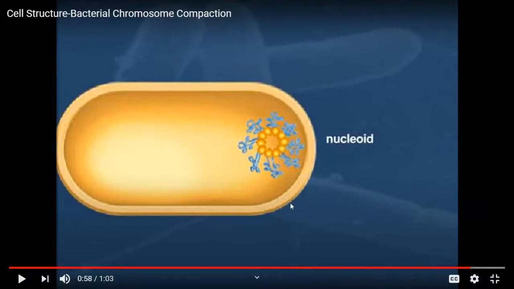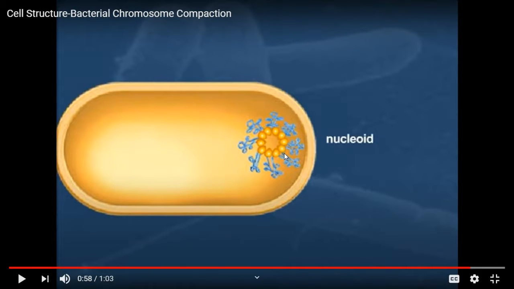All right, so that was an animation of bacterial DNA. We talked about the tertiary structure of DNA a few weeks ago. That also applies to bacterial DNA, but it's not called tertiary structure. That's basically called chromosome compaction.